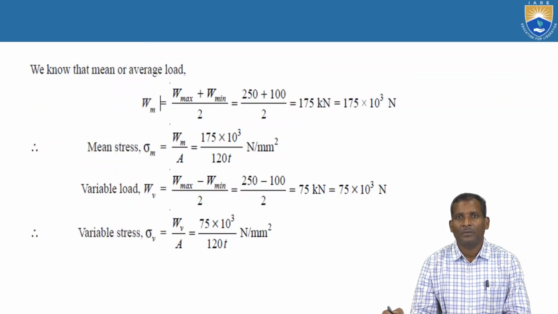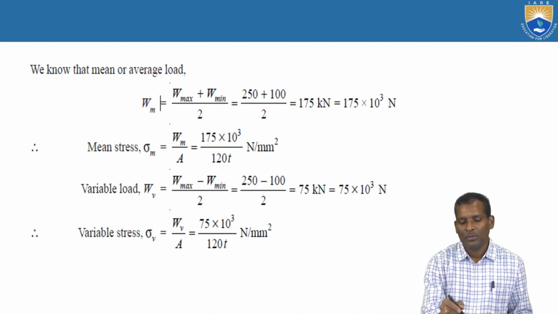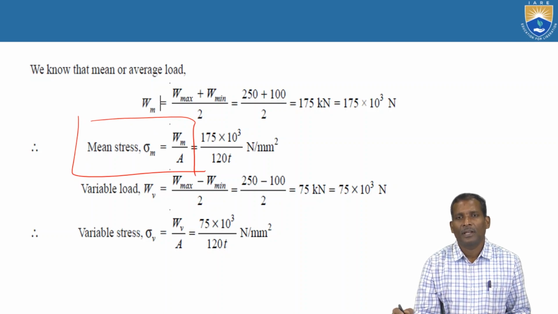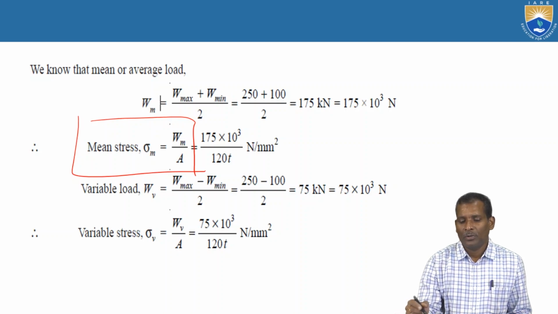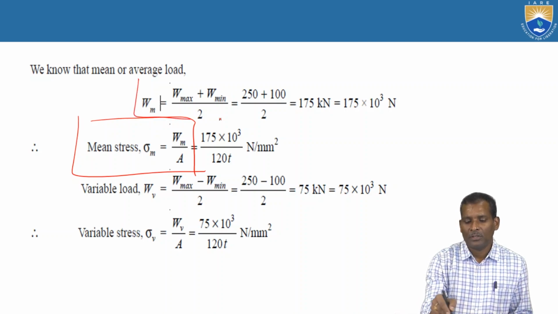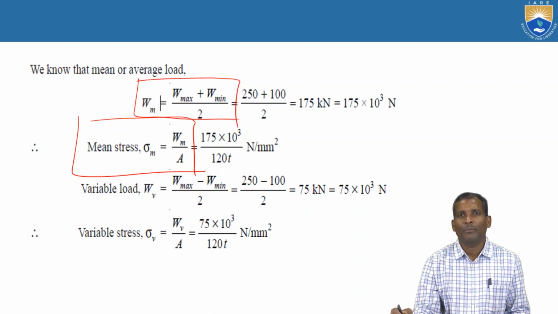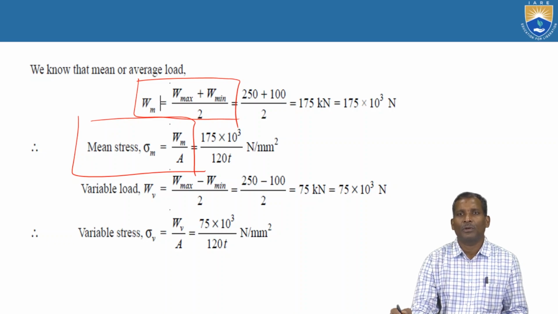Next, calculate mean stress. Mean stress is equal to mean load upon area. Area you have already calculated. How do you calculate mean load? Mean load is equal to W max plus W minimum by 2, maximum load plus minimum load upon 2.